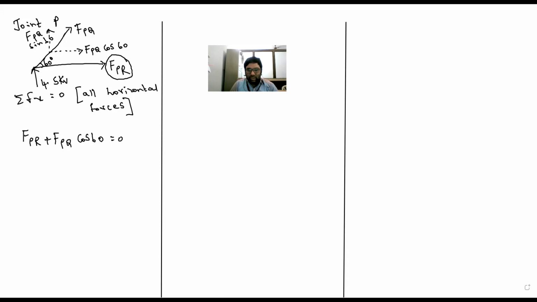Okay, and from this, what do we need? We will write FPR in terms of FPQ. So FPR is equal to minus FPQ cos 60. Can someone say what is cos 60?